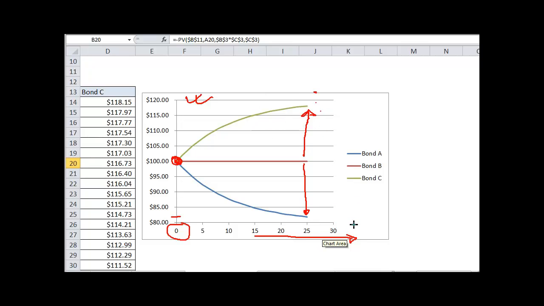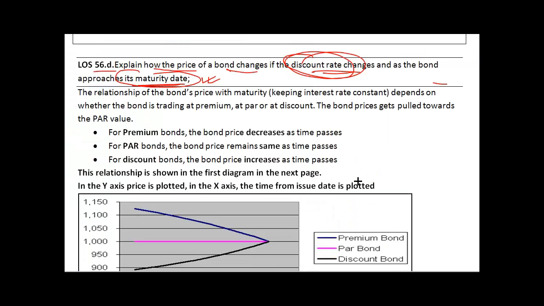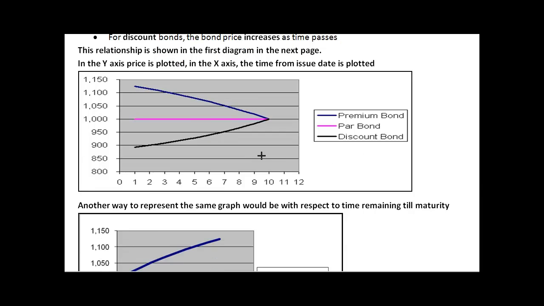Please note that on the x-axis you have time to maturity. In the notes I have given you two diagrams, along with one diagram which shows the time remaining till maturity. So the time remaining till maturity is 1, and the price is this.